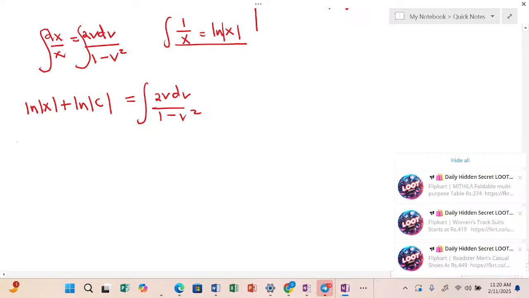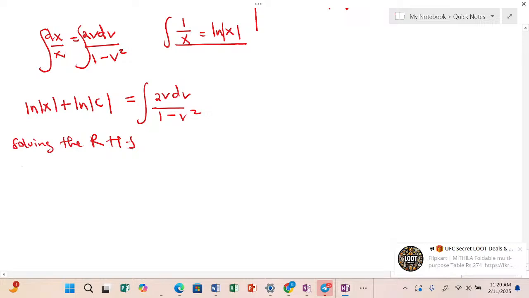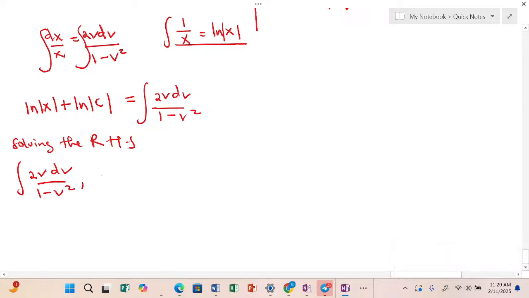So we have, solving the right hand side, which is the integral of 2v dv all over 1 minus v squared. We have to solve it by substitution. So now let u be equal to 1 minus v squared.